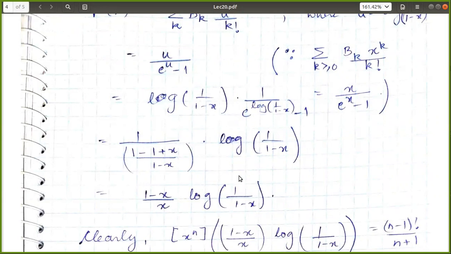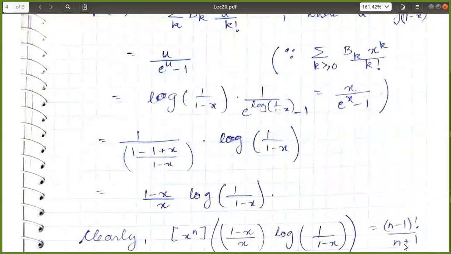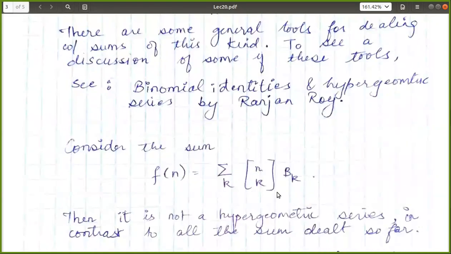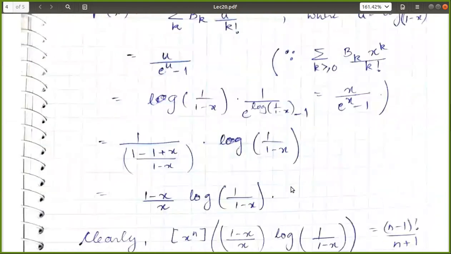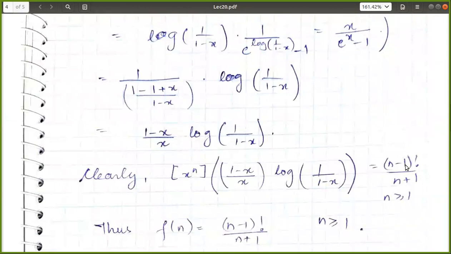And coefficient of x raised to n in this function is n minus 1 factorial over n plus 1. Therefore, what I started with, this particular summation here, is actually n minus 1 factorial over n plus 1. And thus we have evaluated the series Fn, even though it was not a hypergeometric series.